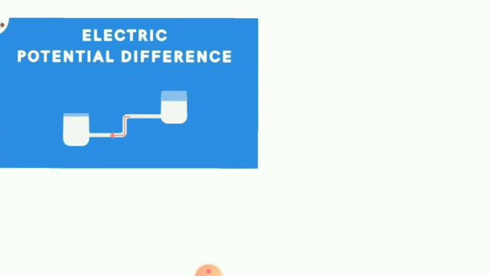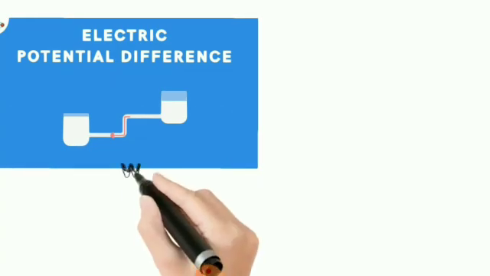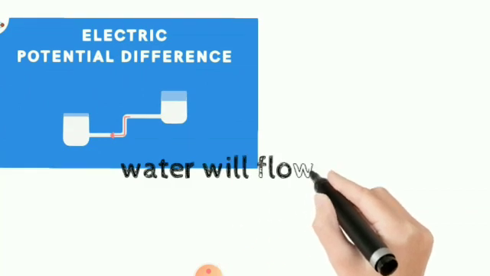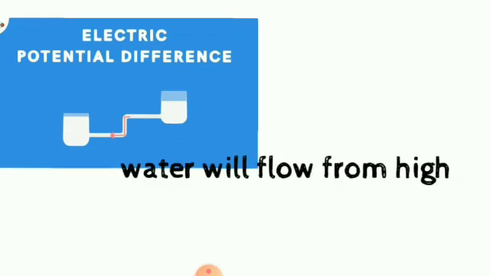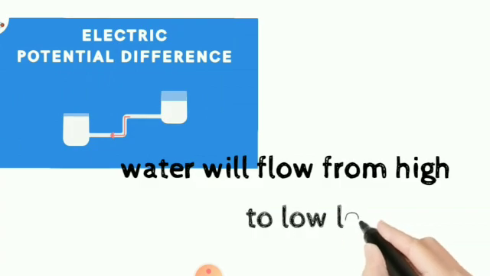Same with a battery: when we connect a battery through a wire to a bulb, just like water flows from high to low level, the same happens in the case of potential difference.